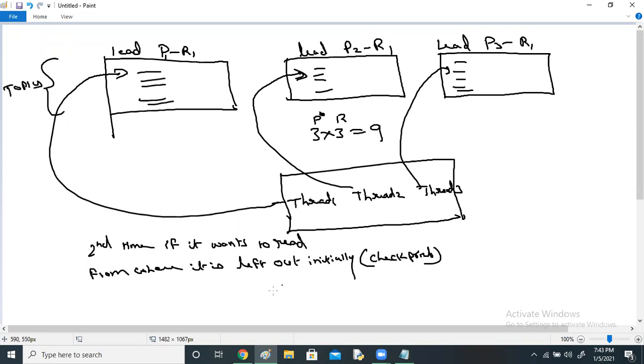From where it is left out. That is nothing but what we call a checkpoint. Understood this, everyone? With 10 partitions, you assume 10 lead replicas, then 10 threads are required.